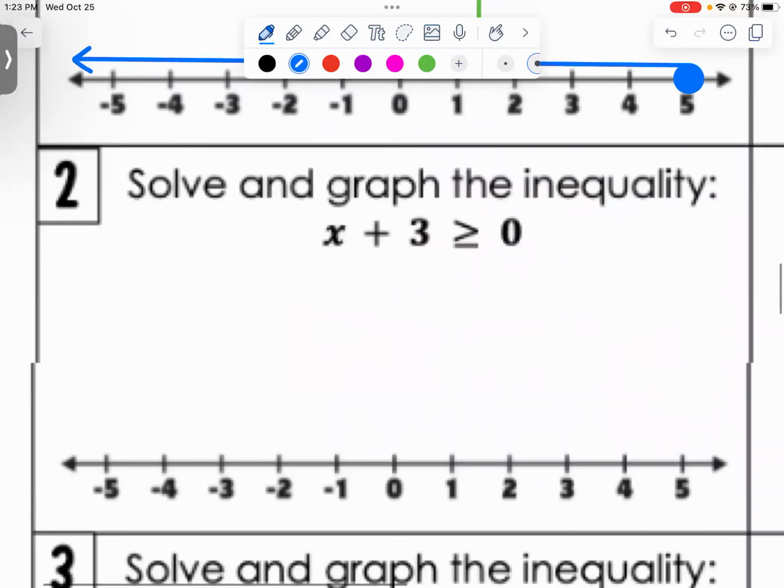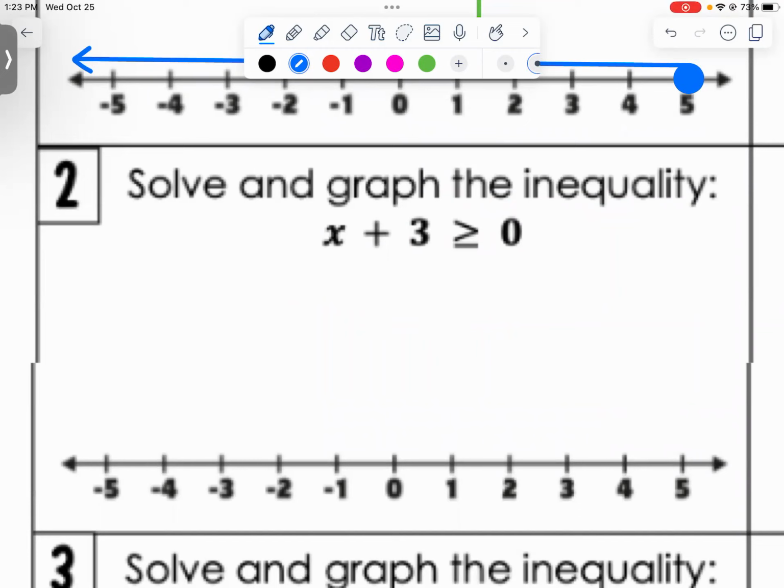All right, you try number 2. You have 60 seconds. Go. You try number 2. 3 took away 0 equals 0.